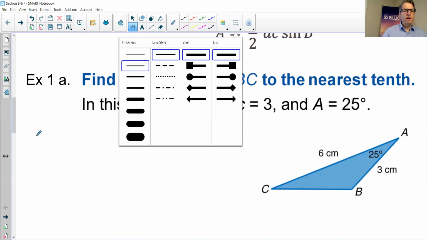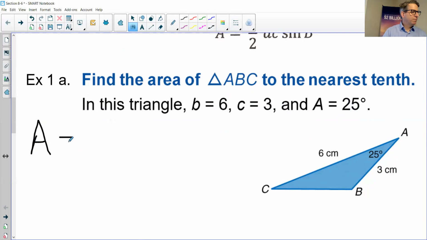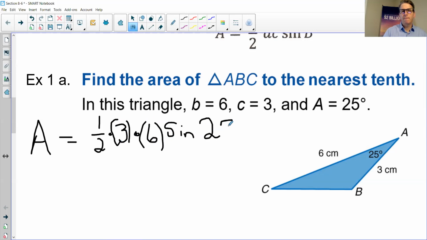Okay, so we're going to use the area of the triangle is equal to 1/2 times 3 times 6 times the sine of 25 degrees. The area of this triangle would be 3.8 square centimeters.